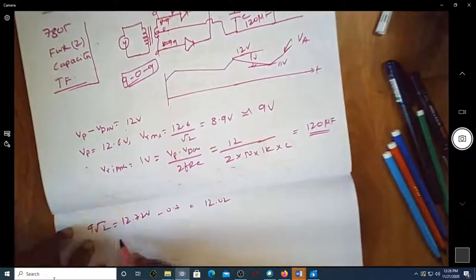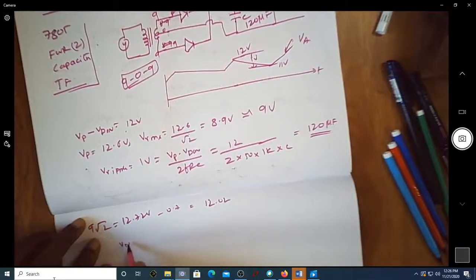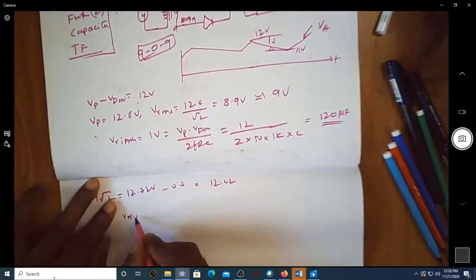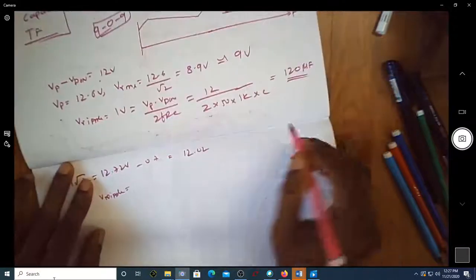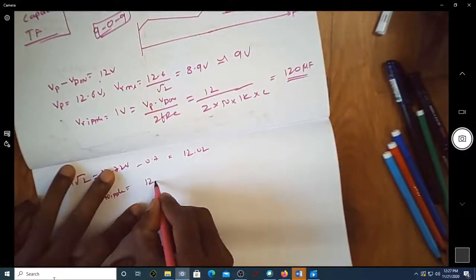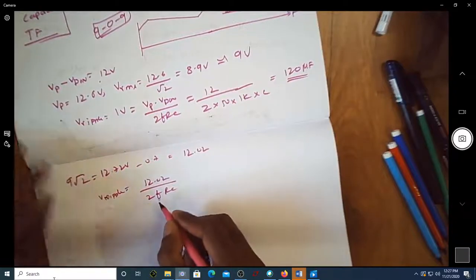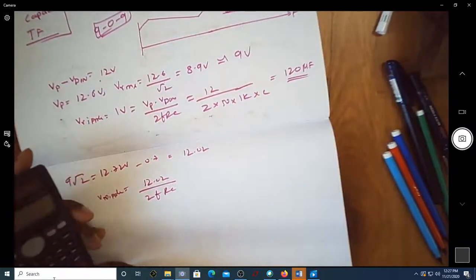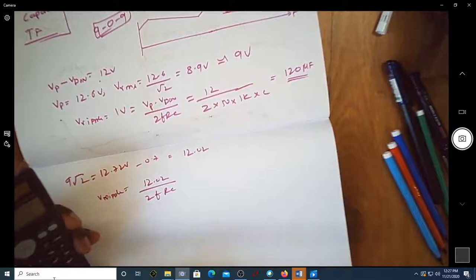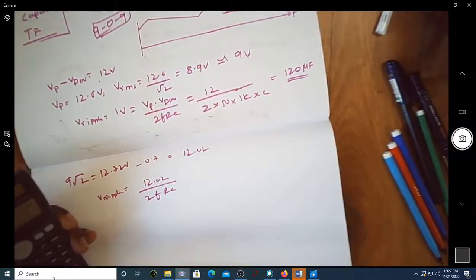So suppose I say what is V ripple with the value of C, this is now 12.02, Vp minus Vd on, over 2FRC. We know all the values of 2F and RC. So it's now 12 divided by 2 into 50 into R, which we are assuming to be 1K, and C is 120 microfarad.